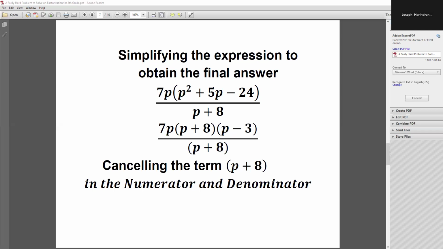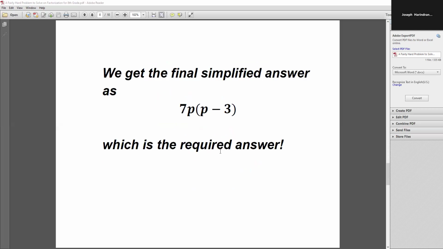Cancelling the term p plus 8 in the numerator and denominator, we get a very simplified answer as 7p into p minus 3 within brackets. A fairly complex or hard problem has been simplified to a very easy expression, 7p into p minus 3, which is the required answer.